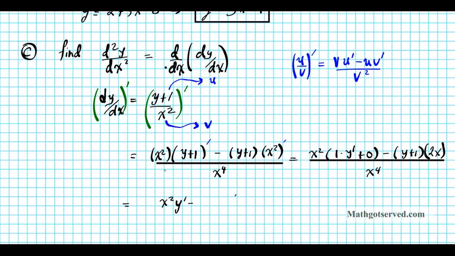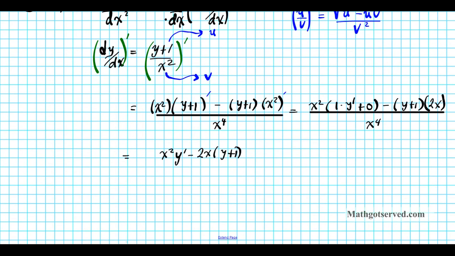Let's write this down: 2x times y plus 1. I don't want to distribute this because I might be able to do a factorization later on, so I don't want to set myself up to fail. So let's leave it like that for now and make our substitution and see what we can do with that quantity in parentheses. The denominator is still x to the fourth.